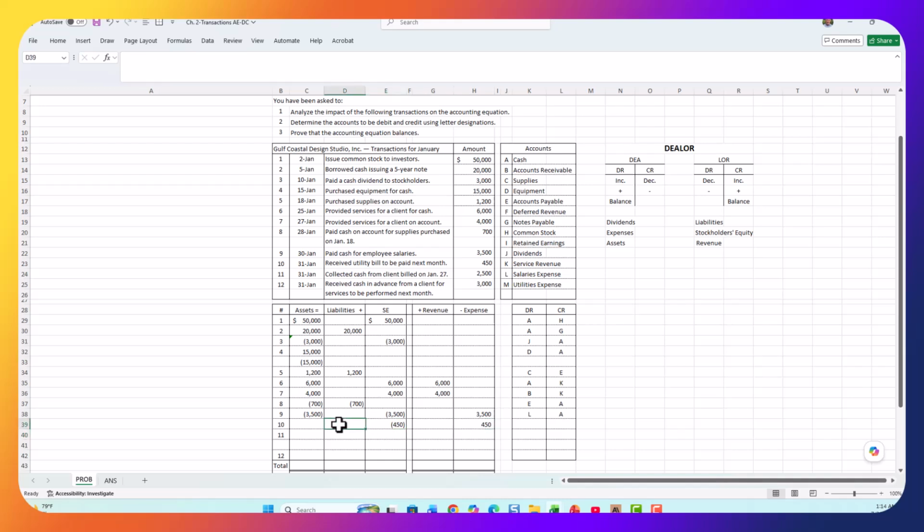And accounts payable, because we owe the bill, will increase since the bill is unpaid. So for this transaction, we have a decrease in stockholders' equity due to the increase in expense and an increase in liabilities because the bill hasn't been paid yet. We'll debit M, utility expense, and credit E, accounts payable.